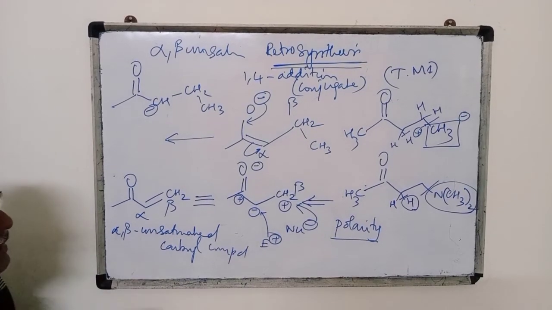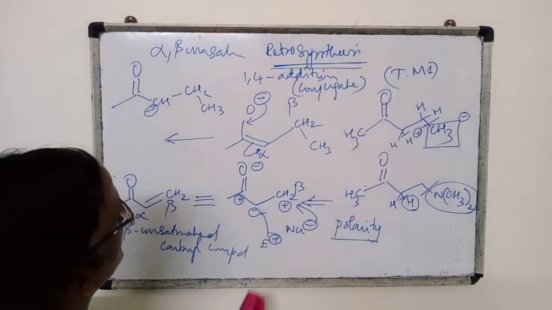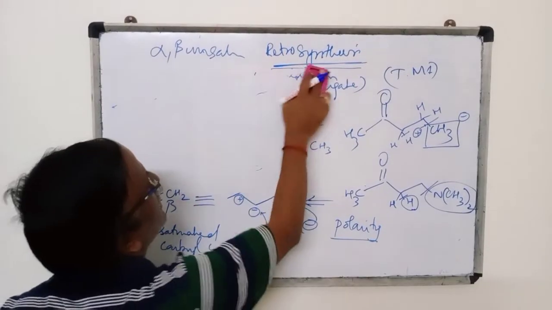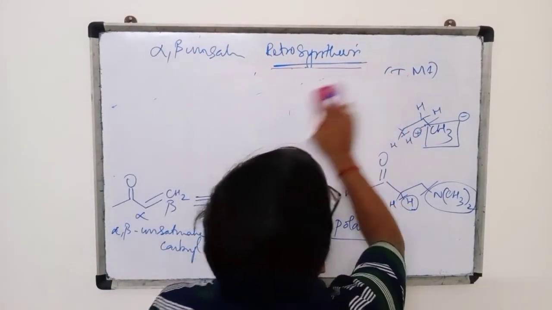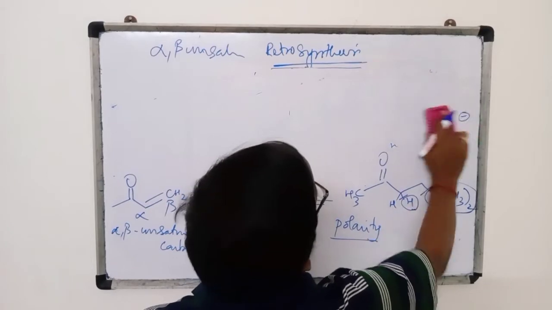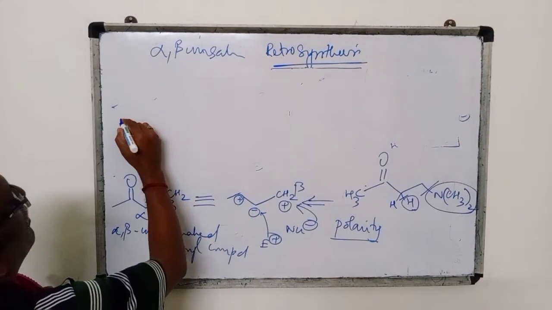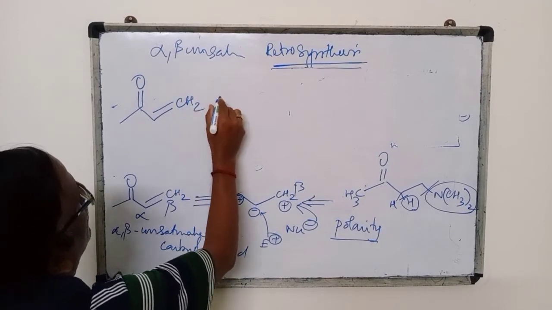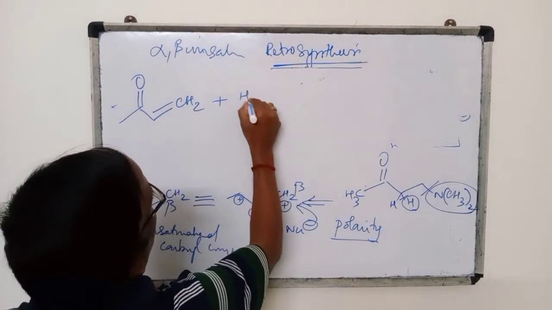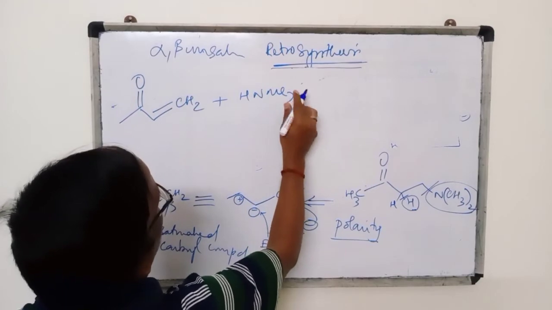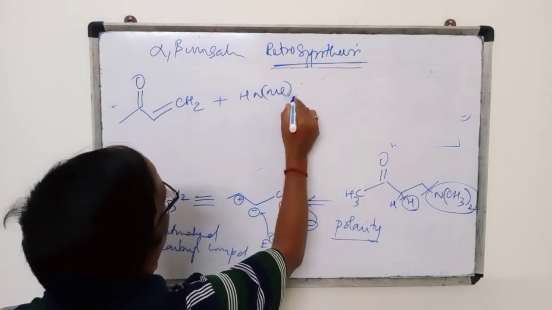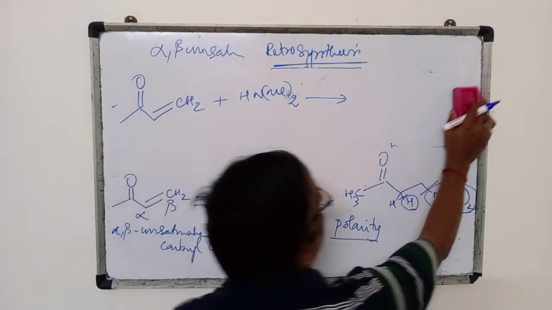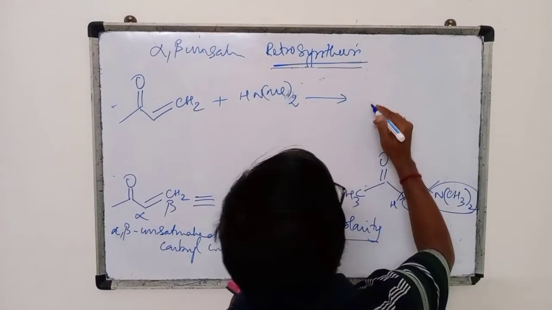Now what is the starting material for this? What is the synthesis? You take an alpha beta unsaturated compound and treat it with dimethylamine. If you treat this with dimethylamine, one can synthesize this compound. It's very simple. You take the alpha beta unsaturated carbonyl compound, treat this with NMe twice, and a simple conjugate addition takes place to give rise to the product.